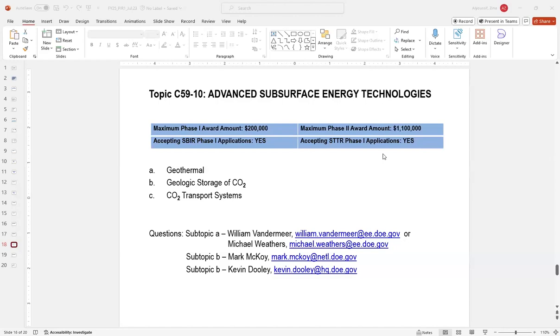Yeah, here the components can be electrodes or sensors or parts of the data acquisition system. So certainly data acquisition system components or entire data acquisition systems that would couple to this type of geophysical method of monitoring, that would fit within the scope of the topic.